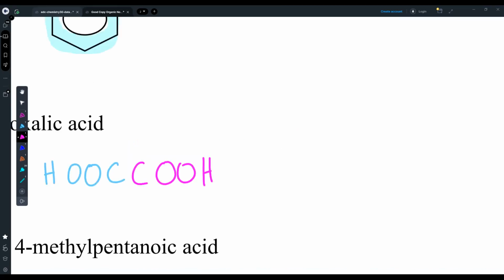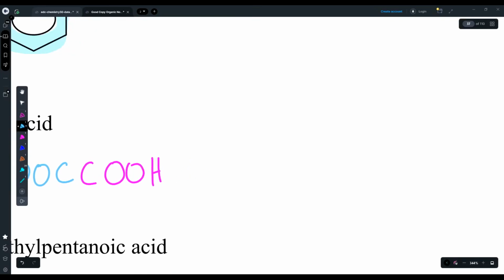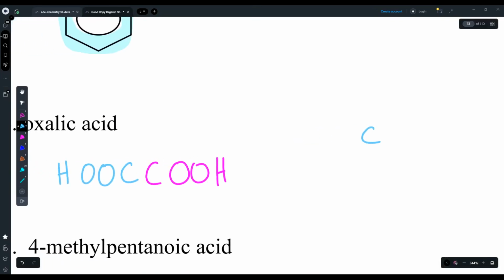All right, so that's the molecular formula. Now, if I was to draw the structural formula of this, how that would look would be here.